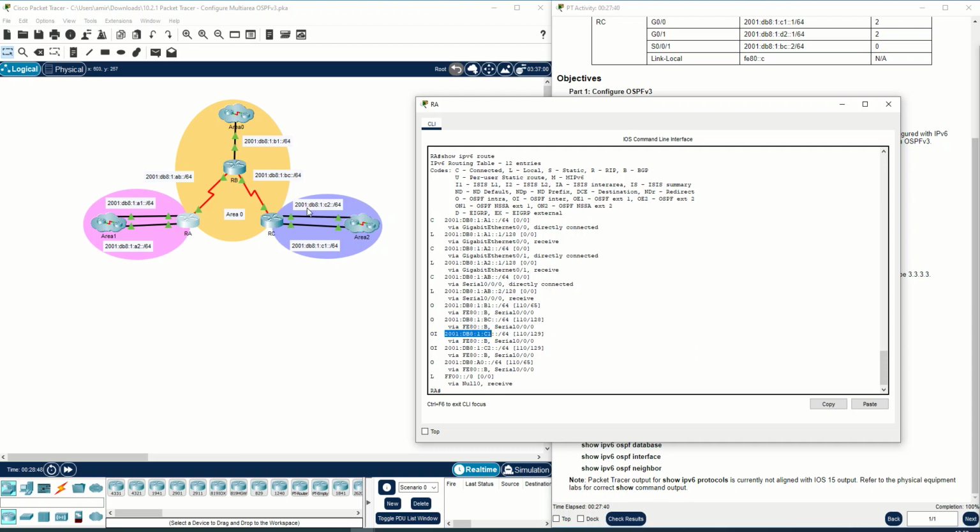You can see 2001:DB8:1:C1 and also C2, and has learned them from serial 0/0/0, so it works for us. We should ping again.